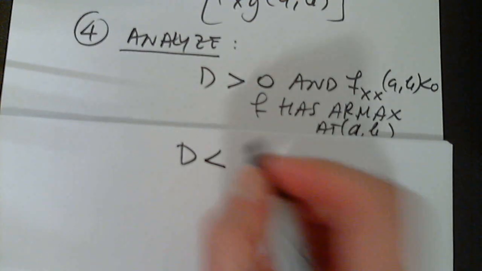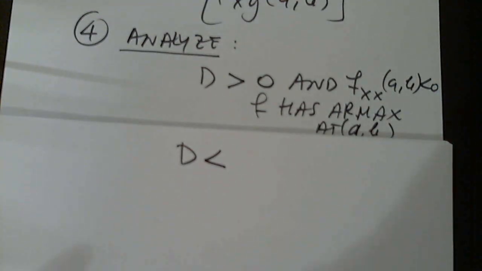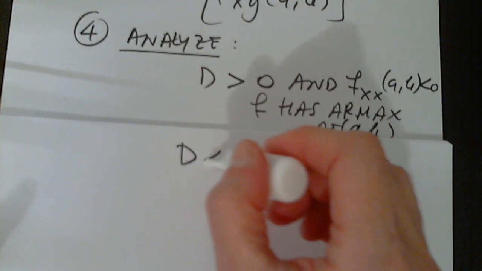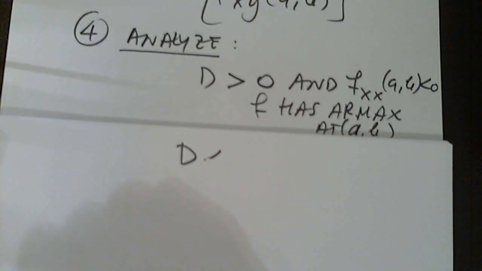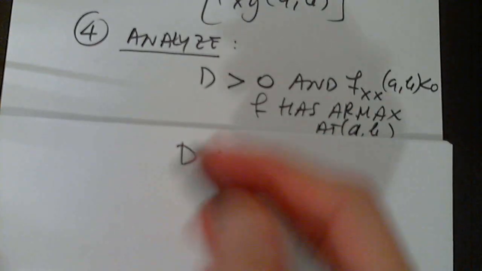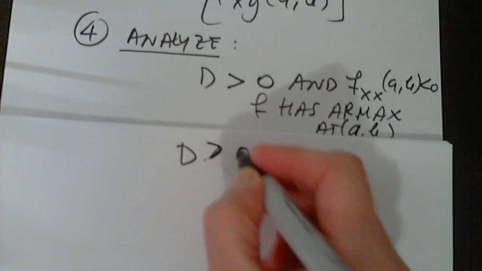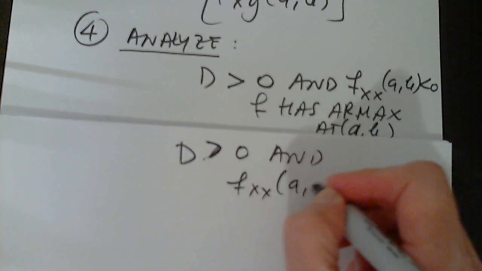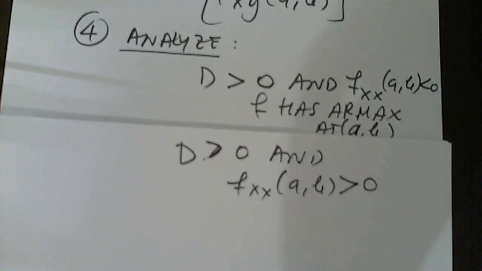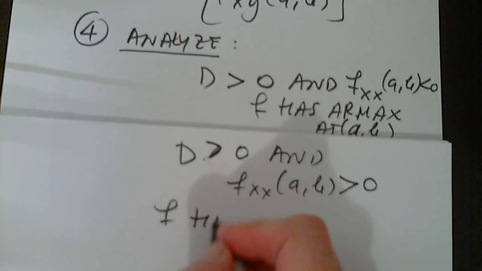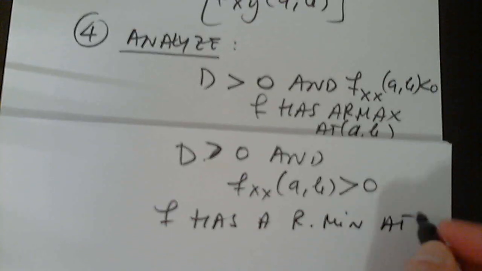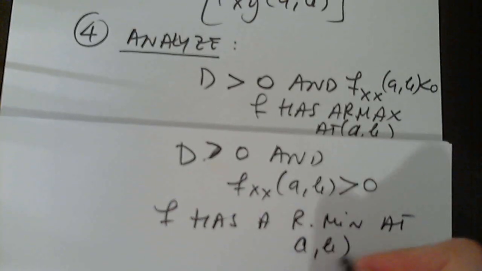Next possibility, if d is positive and fxx at a, b is also positive, f has a relative min at a, b.